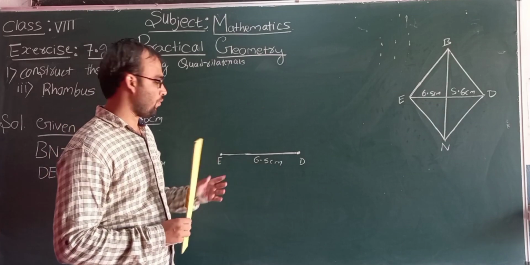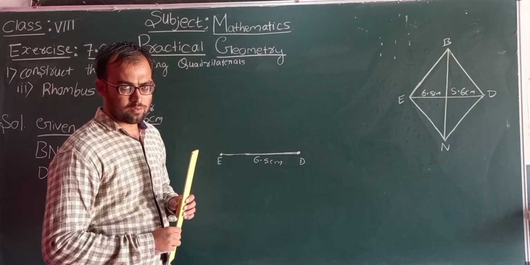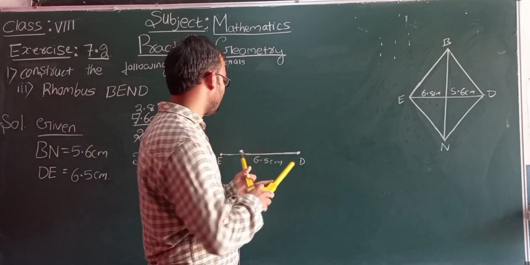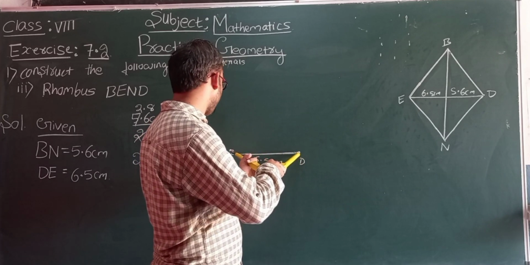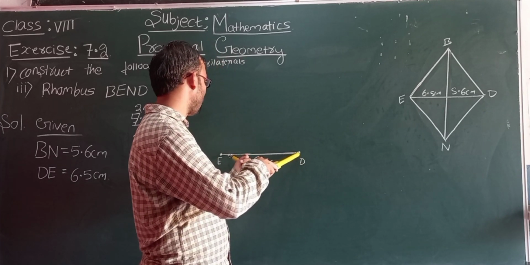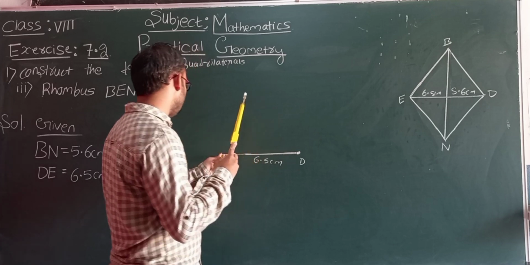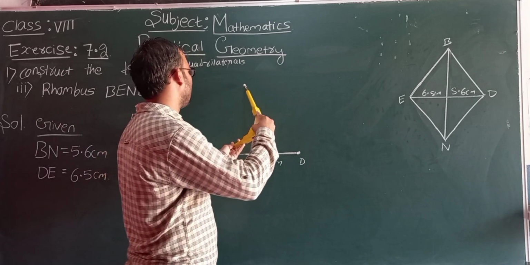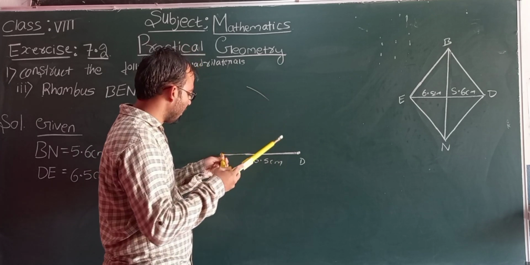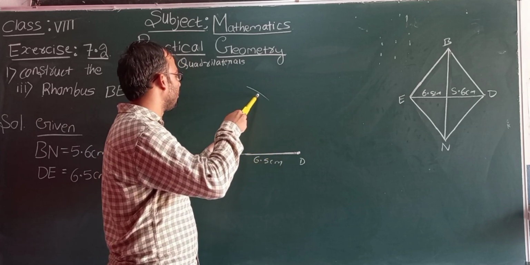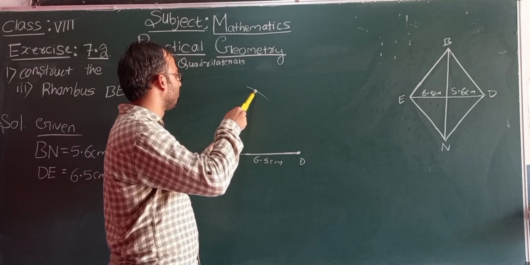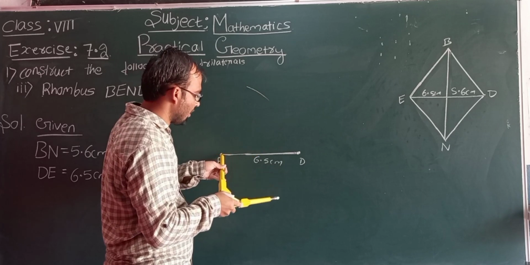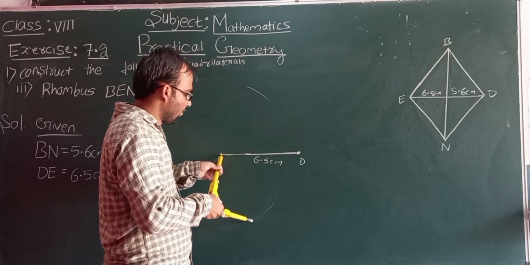Now, first we'll draw the perpendicular bisector for this one. How to draw the perpendicular bisector? Take more than half of this. Now draw the arc here. It must be of the same length. Again, arc here.